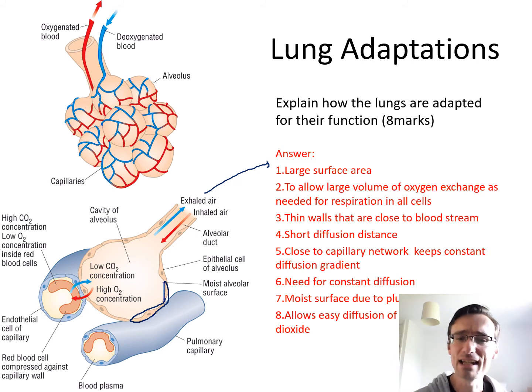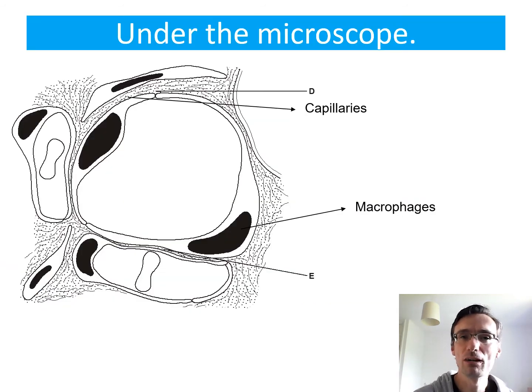The last one then is that we need a moist surface to enable the diffusion, and that helps diffusion, but also allows this prevention of cohesion forces, as we spoke about before. You might see a picture under a microscope of an alveoli, and this I think is important to show you because a lot of times you see this, people don't realise. The alveoli is obviously extremely small, and sometimes the scale of things people don't necessarily realise.